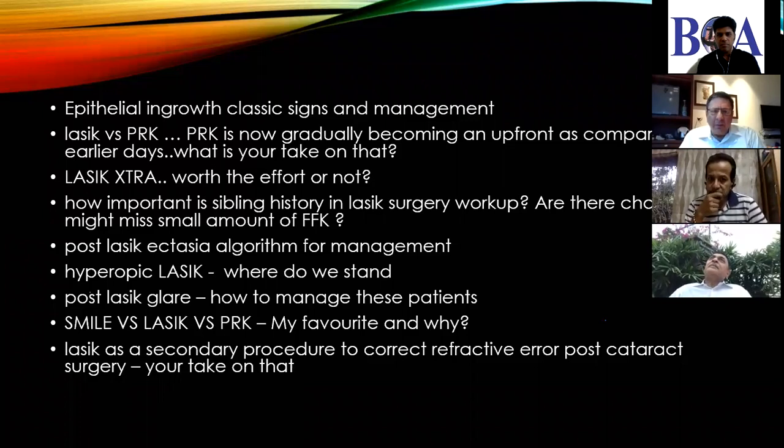The patients who really complain about it are those in their late 40s, early 50s. I would do a PRELEX on them rather than a hypermetropic LASIK. The guideline I would strictly follow is don't attempt anything beyond +3.